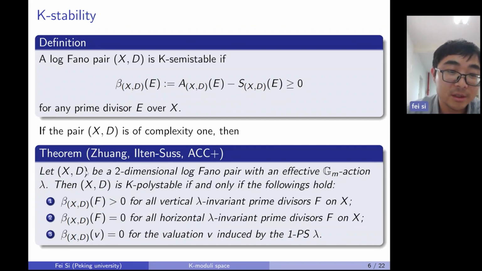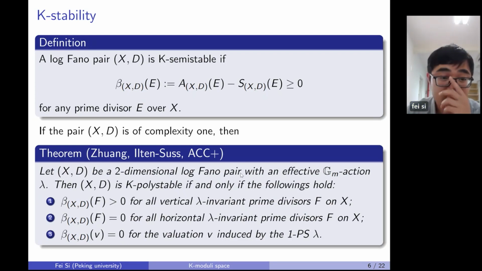So let (X, D) be a two-dimensional log Fano pair. The complexity one condition means that you have an effective action of a one-dimensional torus.